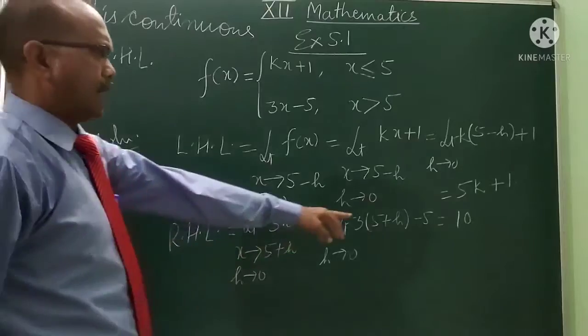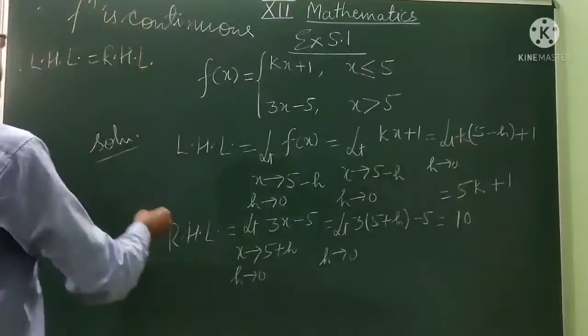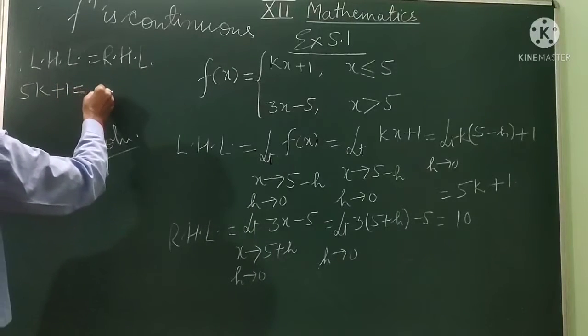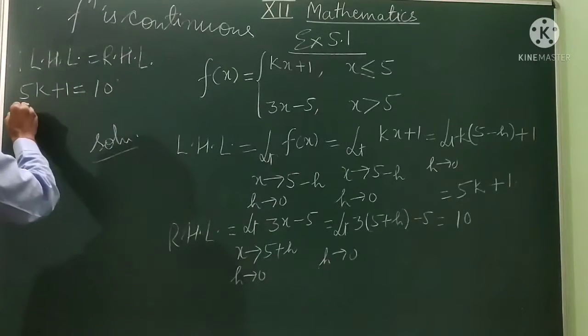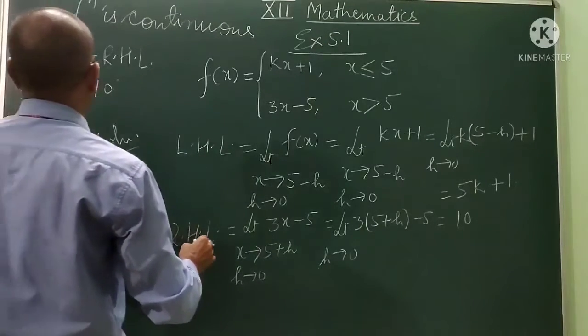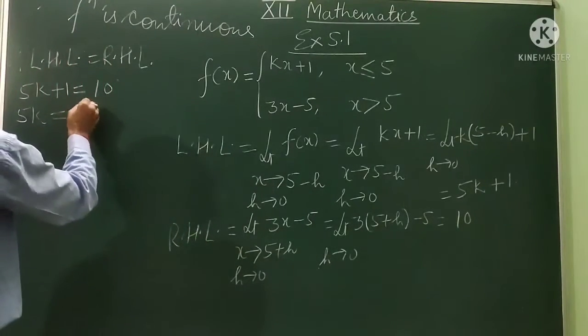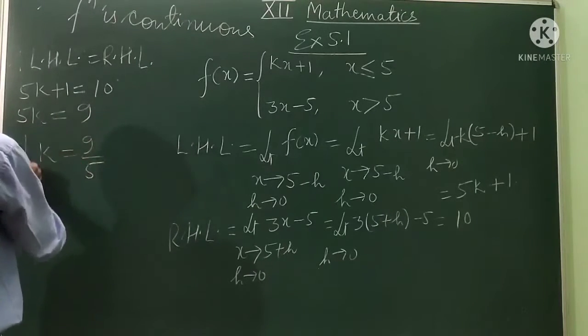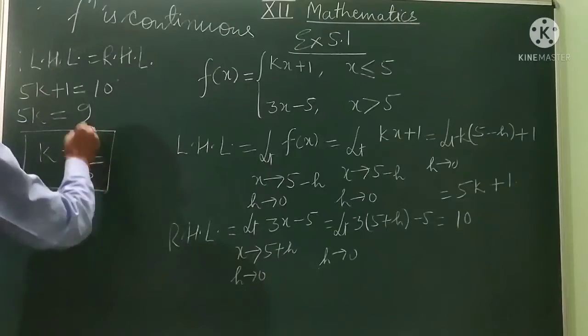The left hand limit is 5k plus 1, and the right hand limit is 10. Then 5k equals 9 and k equals 9 upon 5. The value of k is 9 upon 5.